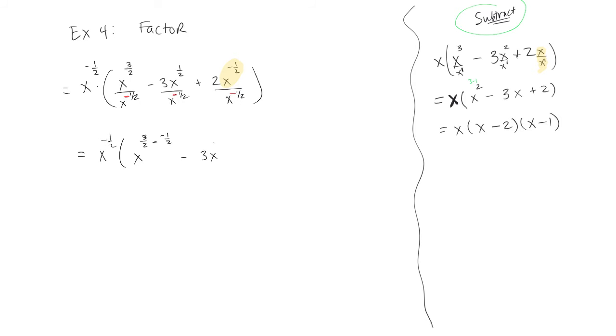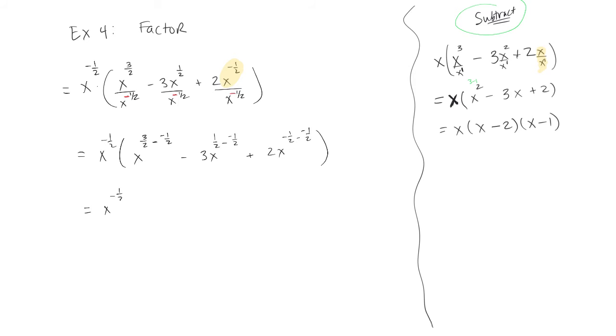We had 3x to the 1/2. Oops, that's a positive 1/2. 1/2 minus a negative 1/2 plus 2x to the negative 1/2 minus a negative 1/2. Now, because we're always subtracting minus a negative, that ends up being adding those exponents.